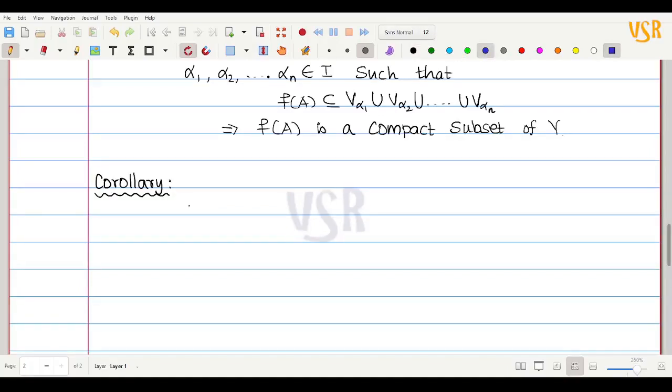Okay, let me take the whole set to be compact. Let X be a compact metric space, and f is a function from capital X to R, a continuous function.